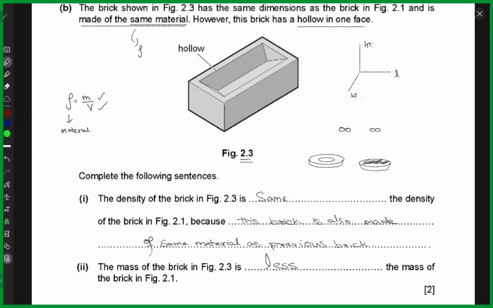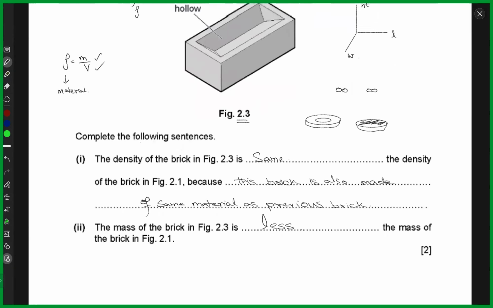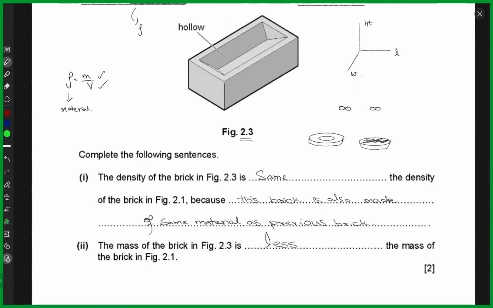The donut that is completely filled, yeah, it's slightly heavier compared to the donut that is hollow from the middle. Just an example. Okay, is that clear? It's slightly heavier, yeah, sorry.